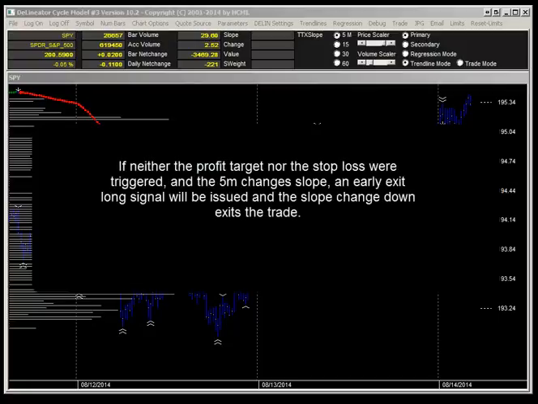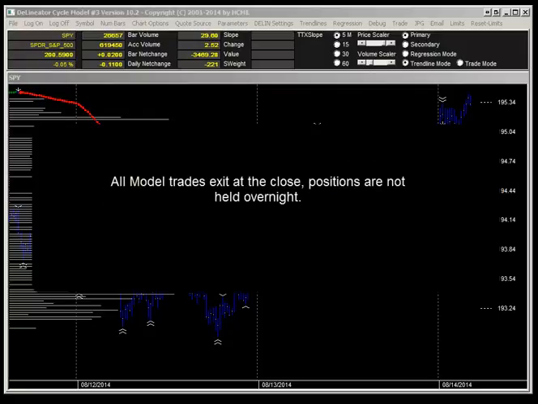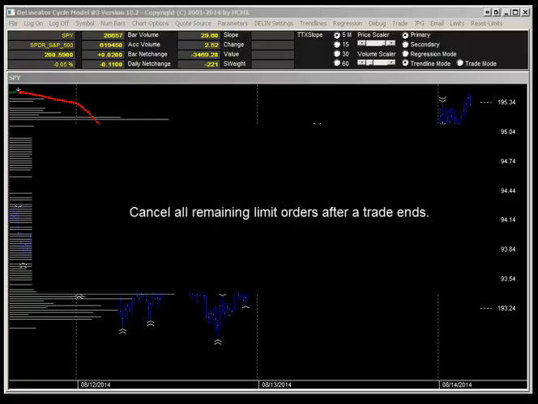If neither limit order is filled, neither the profit target nor the stop loss was triggered, and the 5-minute delineator changes slope again, it will issue an early exit long, and the slope change down signal confirms, removing yourself from the trade, selling out the position at that time. All model trades exit by the close. Positions are not held overnight, and be sure to cancel all remaining limit orders.